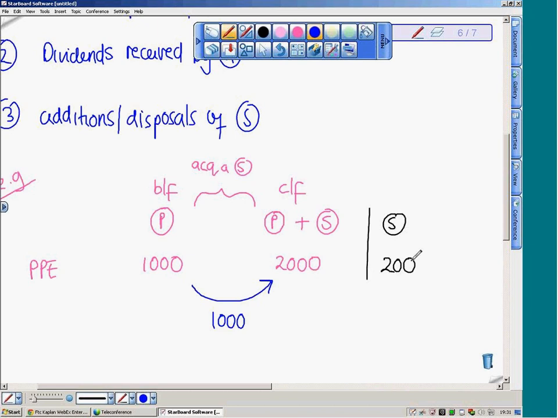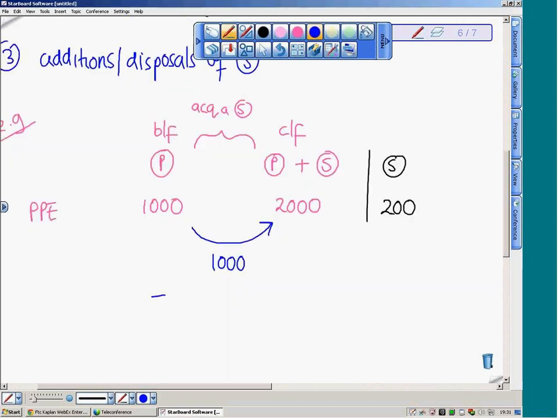Did the subsidiary spend 200 during the year? Well, they just bought the asset and we're consolidating them in the group accounts. So really, the true movement is saying part of this 2,000 includes 200 for the subsidiary, so the true movement is 800. Okay, that's all we're trying to factor in.